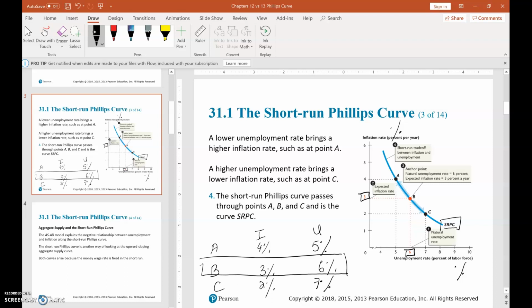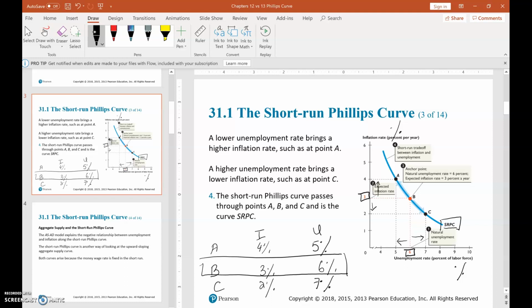If I go from point B to point A, the inflation rate goes up, unemployment rate goes down. If I go from point B to point C, the unemployment rate is going up, the inflation rate is going down. Looking at the numbers here, I can conclude there is an inverse relation between inflation rate and unemployment rate.